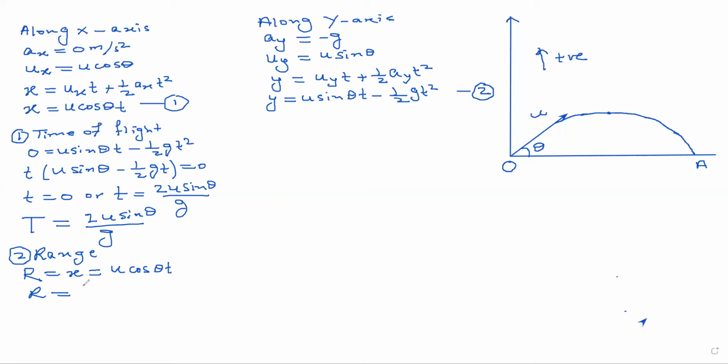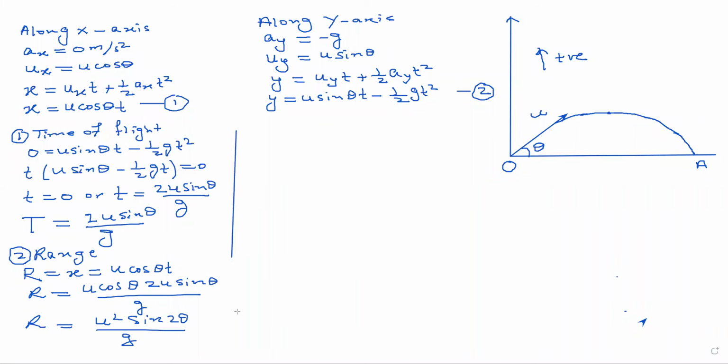So R is equal to u cos theta into 2u sine theta by g. If you solve this, you get R is equal to u square sine 2 theta over g, where we have used the trigonometric relation sine 2 theta is equal to 2 sine theta cos theta.